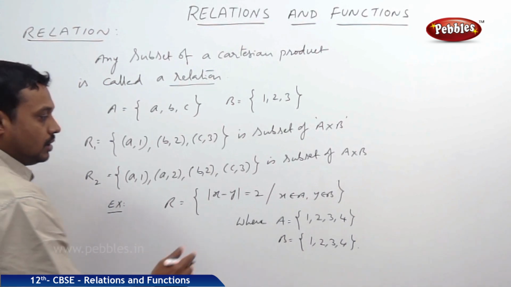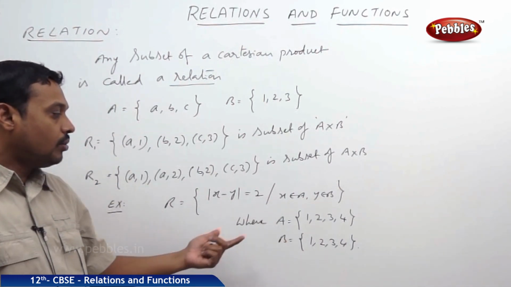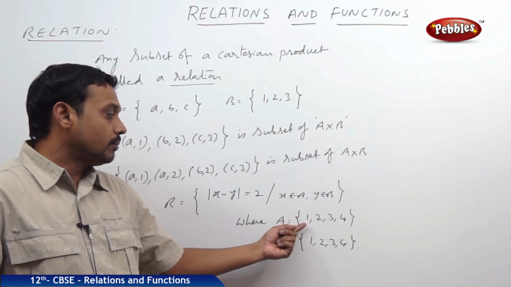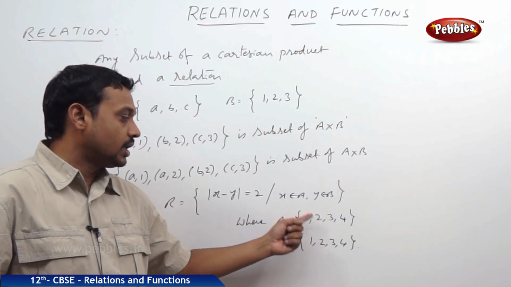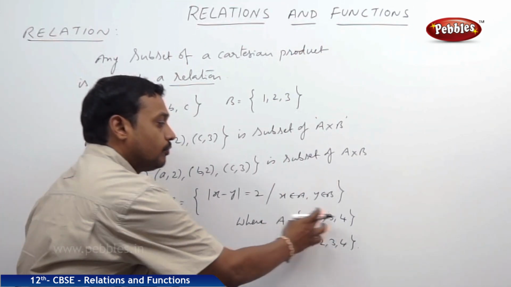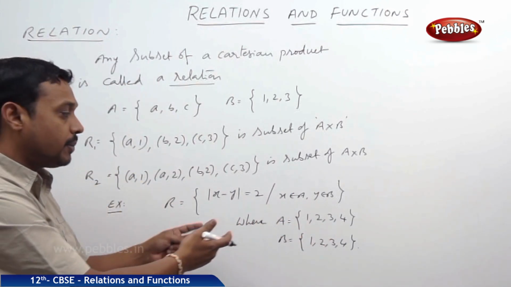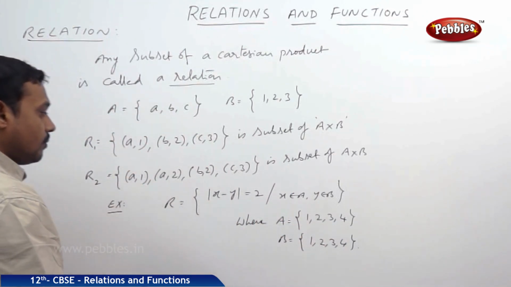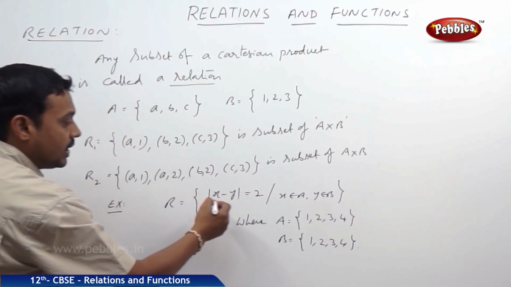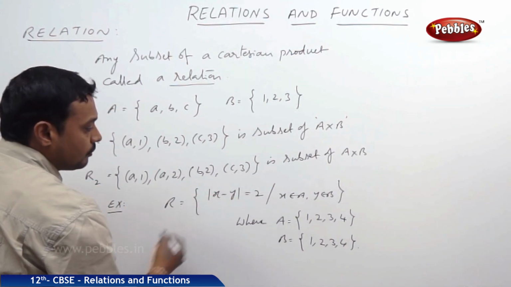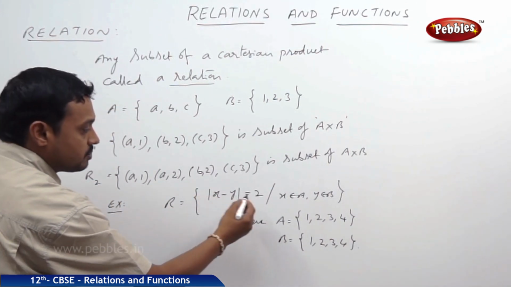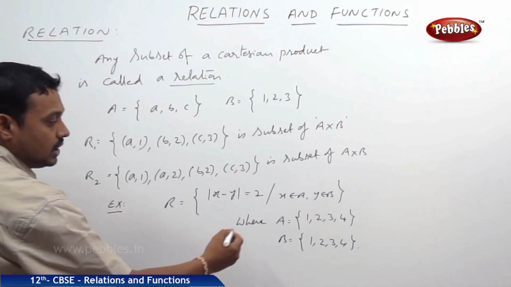Let us check. Actually, here we have (1,1), (1,2), (1,3), (1,4) like that. We can define 4 into 4, 16 ordered pairs. Now, let us see modulus of x minus y equals 2.